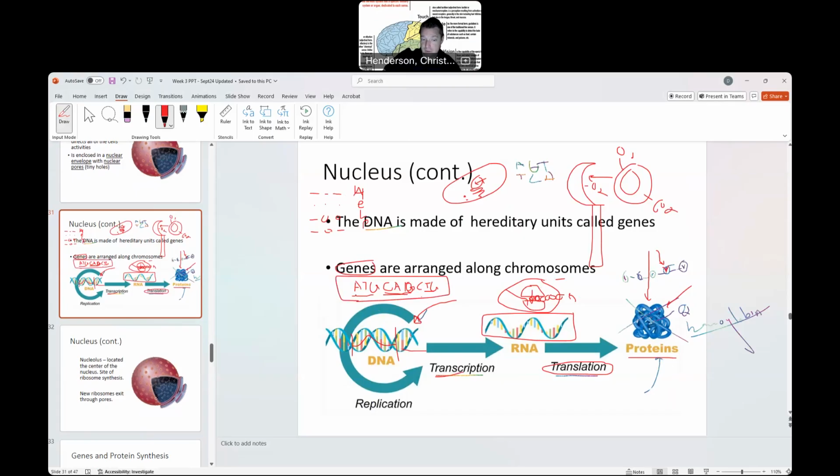So these are called base triplets. The mRNA is going to have a codon. So you're going to have a U because there's no T in mRNA. You're going to have an A and you're going to have a C. And that's transcription, making the mRNA. It's going to leave the nucleus and go to the cytoplasm and then it's going to give the instruction for the ribosomes to make protein. That is called translation.